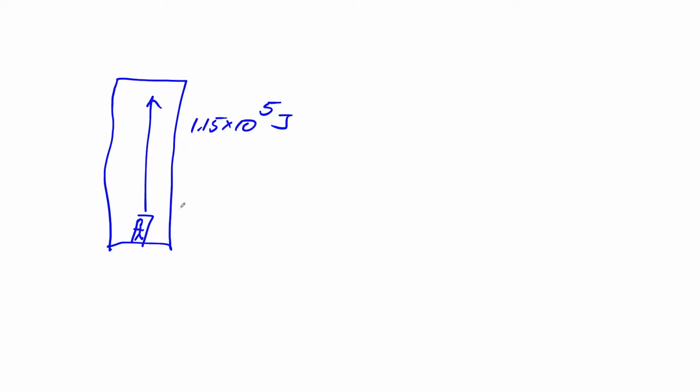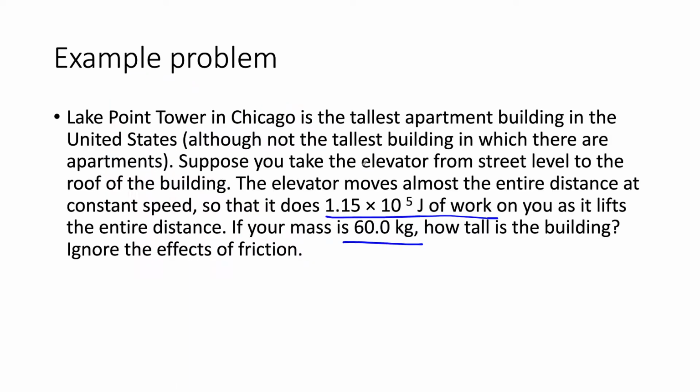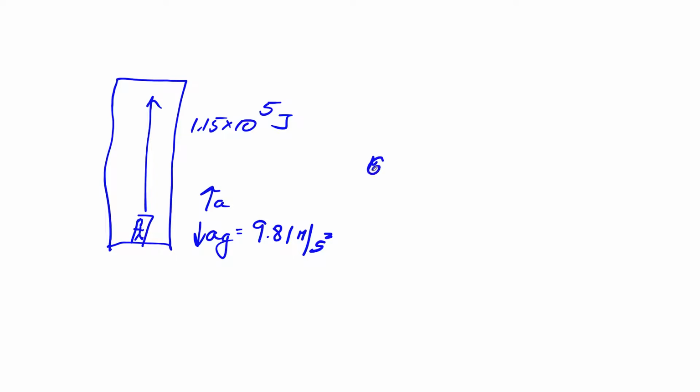Remember, this is at constant velocity, so the acceleration going up and the acceleration going down are equal, and this we know is gravity, which is 9.81 meters per second squared. That's going to be a constant. We're given the mass, which is 60 kilos. And this is equal to work.